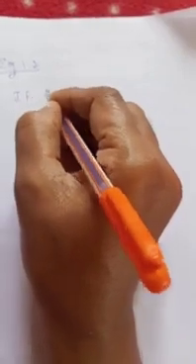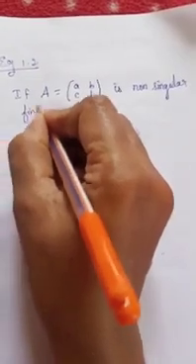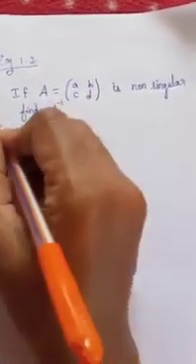Okay, now shall we do a problem? Example 1.2. If A equal to the matrix [A, B; C, D] is non-singular, find A inverse.